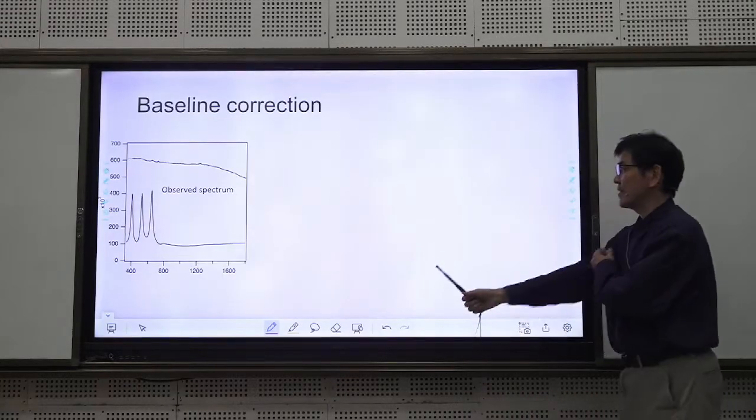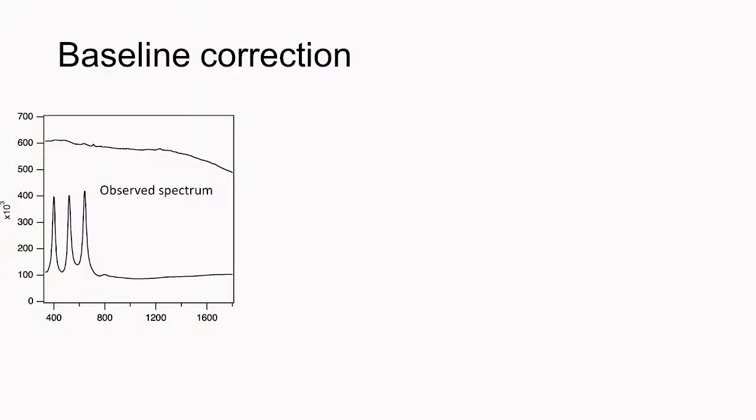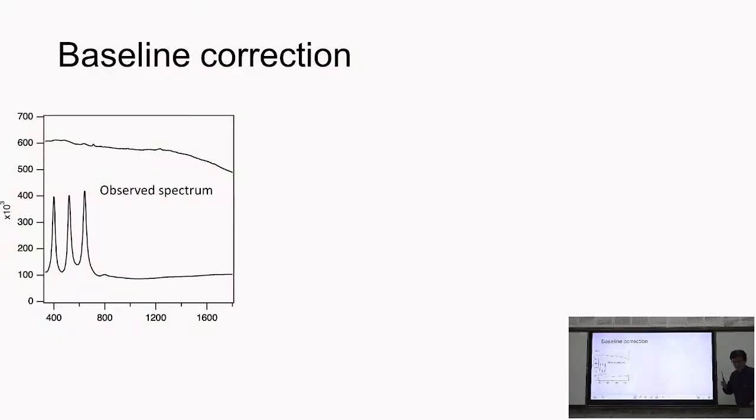And one thing to get information from a spectrum, one thing is necessary, that is the baseline correction. Okay, this is our recent result. I don't say what the sample is, but I measured two kinds of samples.